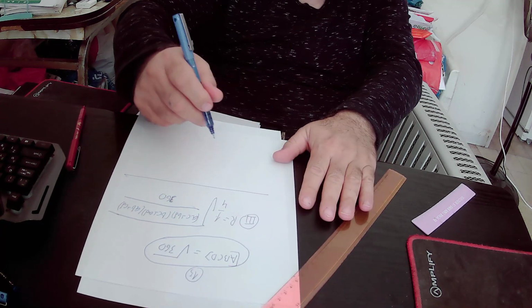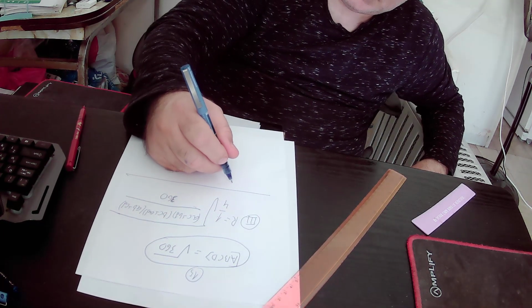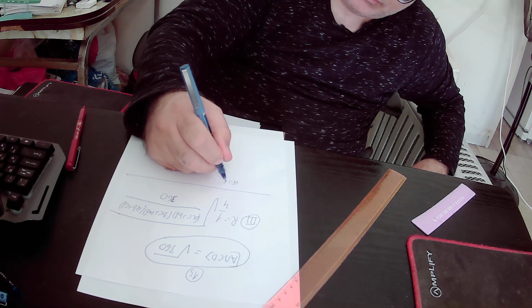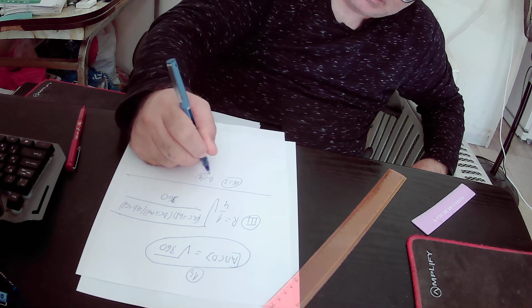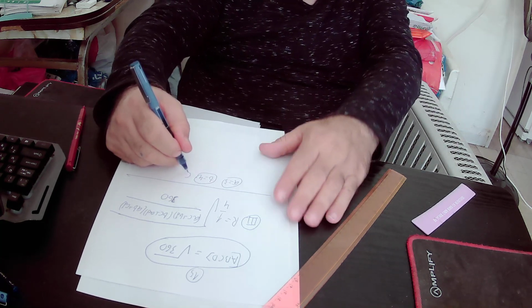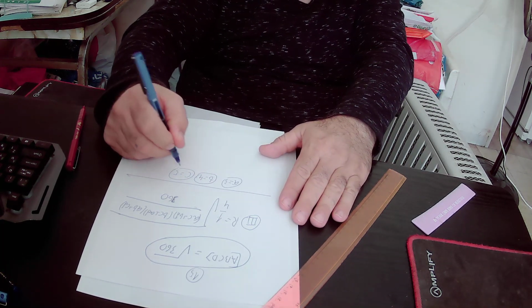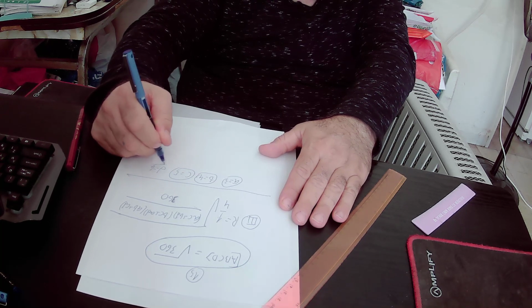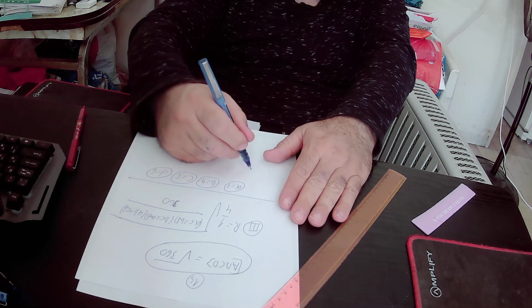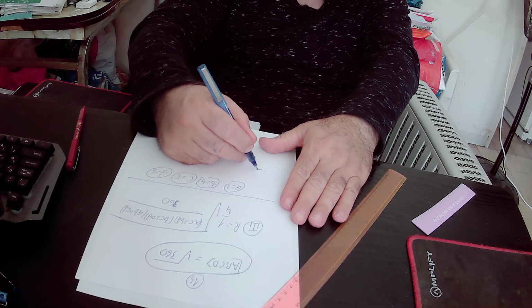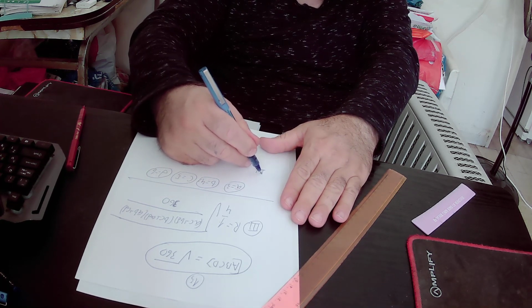I will write down the values of A, B, C, and D. A equals 3 units, B equals 4 units, C equals 5 units, and D equals 6 units. And we will put the data inside equation number 3 in order to find out the radius of the circle that we are looking for.